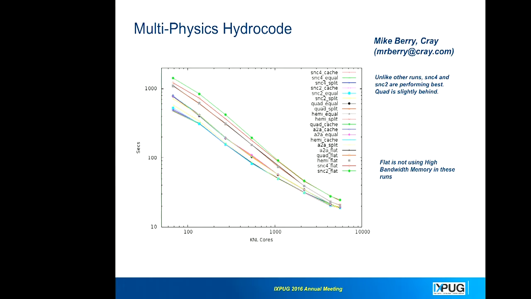But I think this was after the fix. John Levesque was saying how the BIOS for SNC4 was fixed, and as you can see, SNC4 is doing better than all the other configurations. So it's a good time to give it a go. We were working mostly on quad cache, so when I get back, we're going to start working on the SNC configurations. If you have any questions, let me know. Thank you.